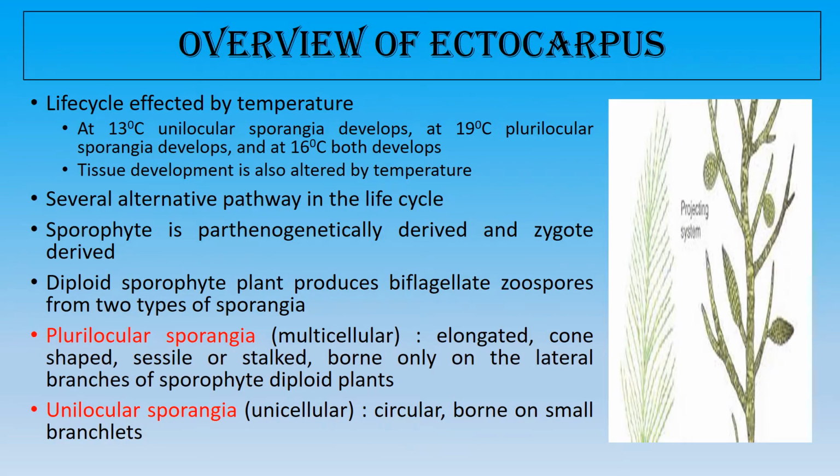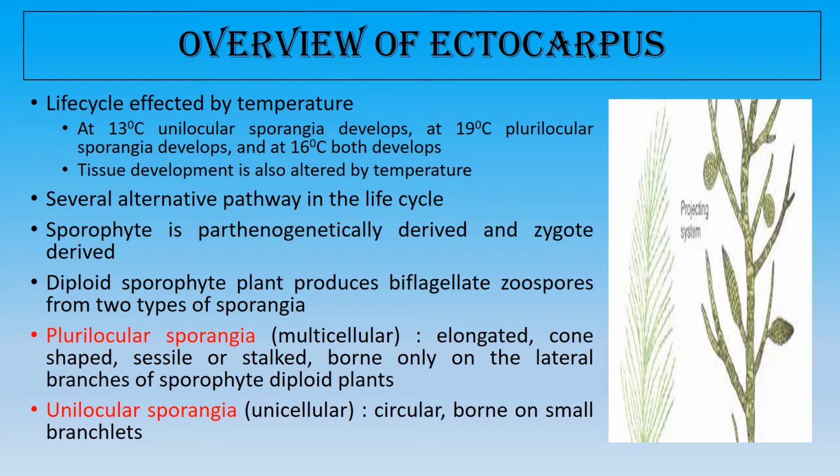So that is an overview of Ectocarpus. As I was mentioning earlier, the life cycle of Ectocarpus is temperature dependent. Ectocarpus siliculosus is the most common species studied in the lab, a model organism for various types of lab research.